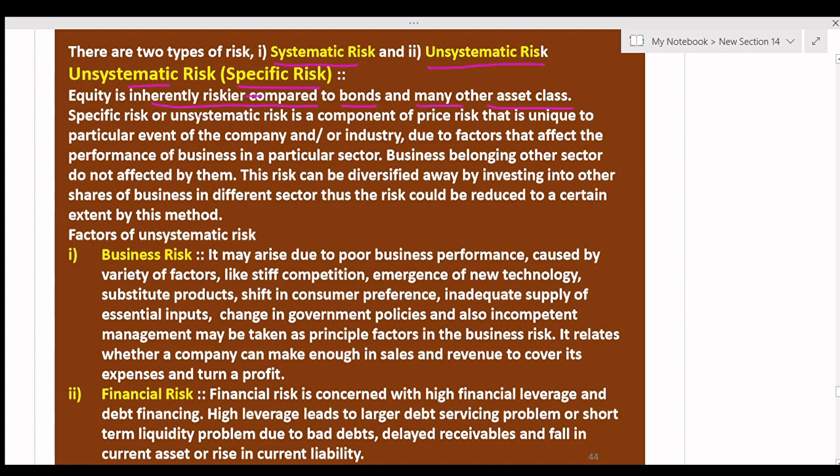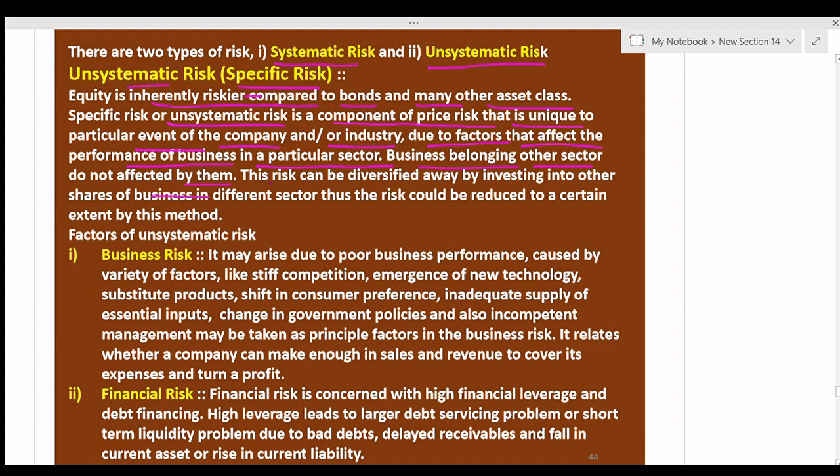Specific risk or unsystematic risk is a component of price risk that is unique to a particular event of the company and/or industry due to factors that affect the performance of business in a particular sector. Businesses belonging to other sectors are not affected by these factors.